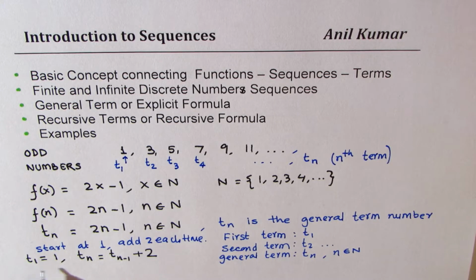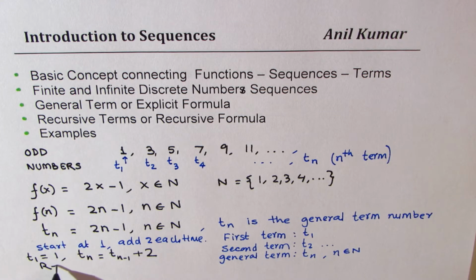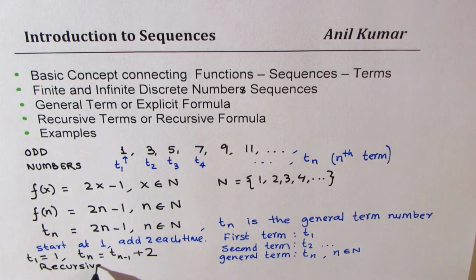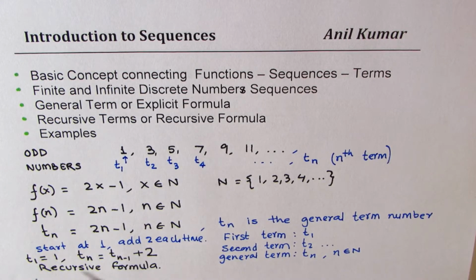Now if I write in this form, then it is called recursive formula. Where I am giving you the first term and rest of the terms are described as some operation on the previous term. So you keep on doing the same operation to get rest of the terms. Right? So I hope these things are linked and well understood. We'll actually talk about them in more detail in this video.